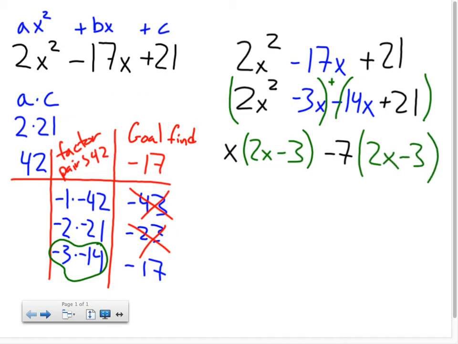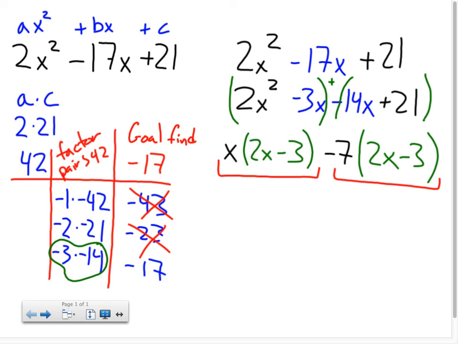Now you probably noticed something right here, and that is that the 2x minus 3 factor is in both of these terms. Well, what you can do is factor the 2x minus 3 out of each of these terms. What do I mean by that? Here's a term, and here's another term. In each of these terms, you've got a 2x minus 3. So you can actually pull that out.